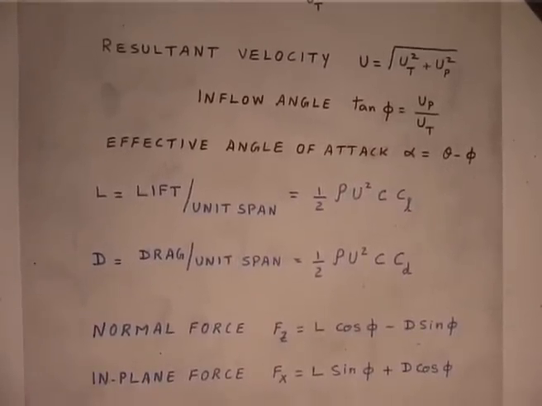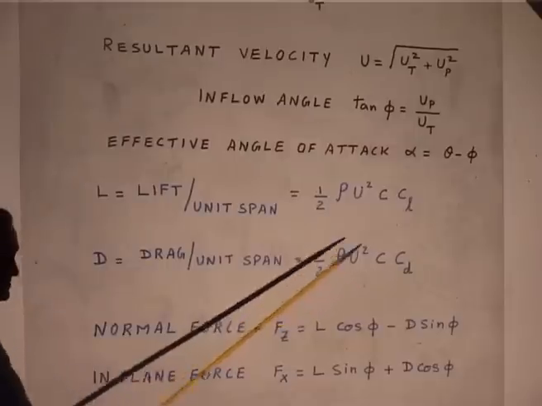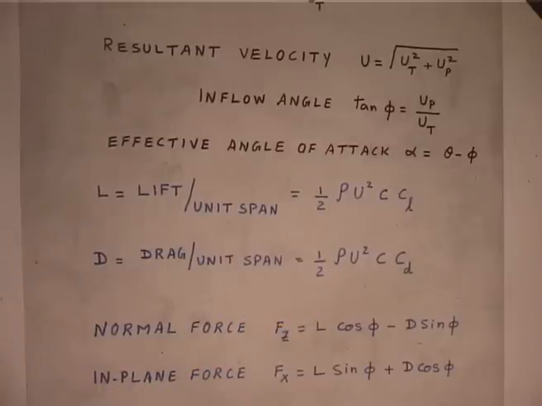Now, I make another approximation, that because my phi is small and the drag is usually for an aerofoil very small, you can take it at the most 0.01, whereas lift CL is CL alpha, that is 2 pi.